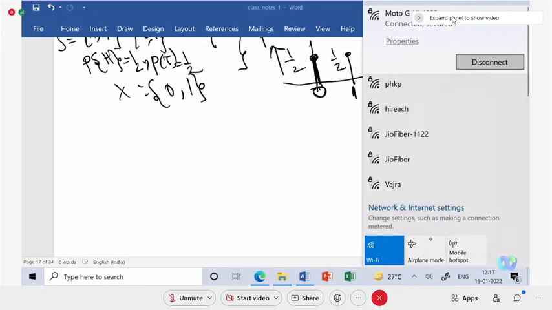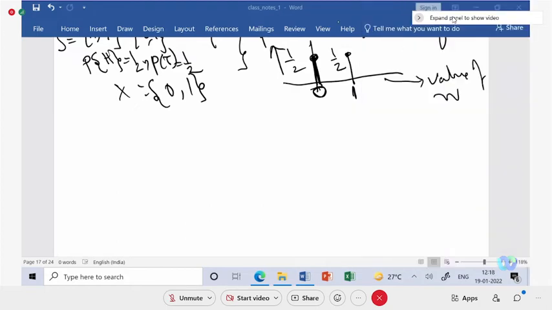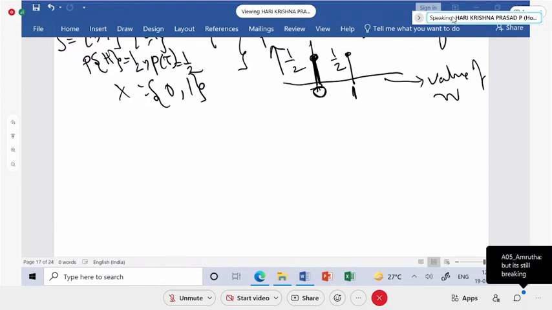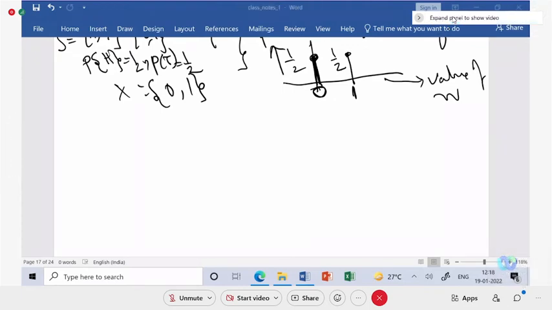Just type in whether the quality of voice is fine or not.